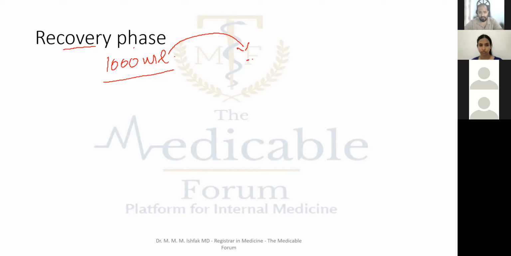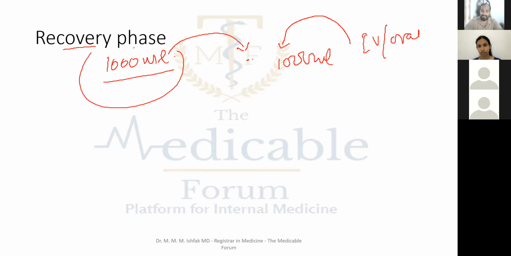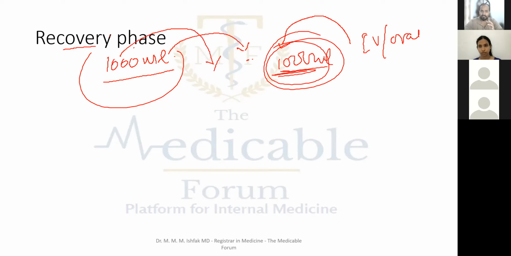Now, if you had given 1000 ml as IV or oral to match the leak during this leaking phase, you would still have this 1000 ml in your intravascular compartment where you will eventually pass it in urine. And during the recovery phase, when this comes back in, this will gradually pass out from your urine and you won't have an issue.